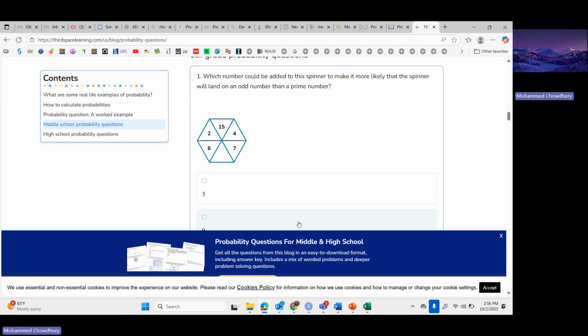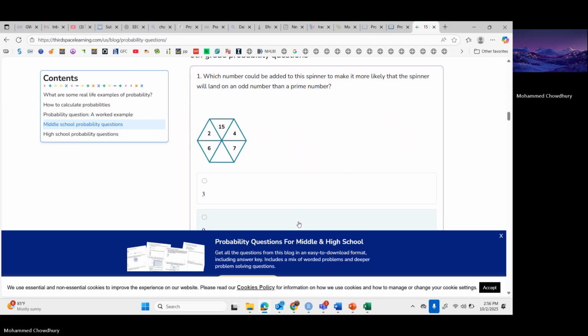Do you understand? So if I add any number here that is prime, then it will be a problem, right? If I add 3 or 11, then it will be a problem because it will favor the prime number appearance if we spin.